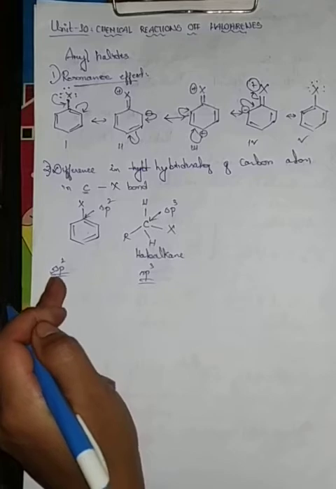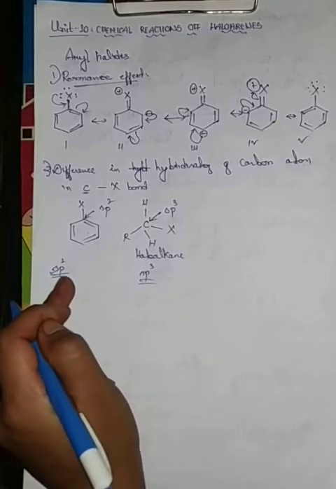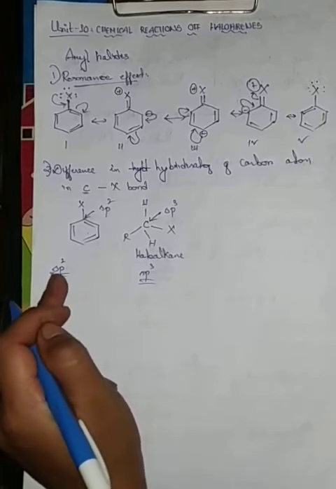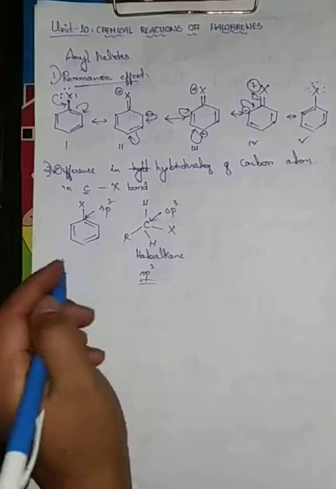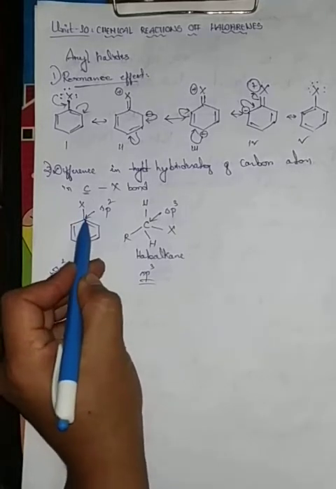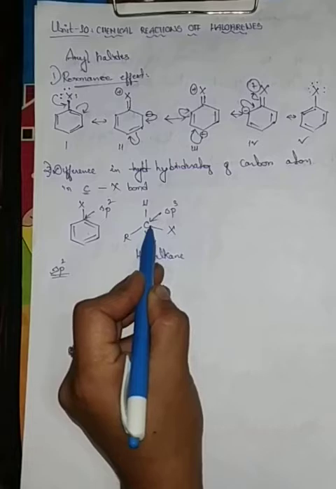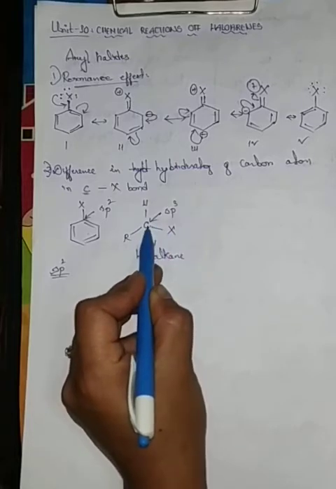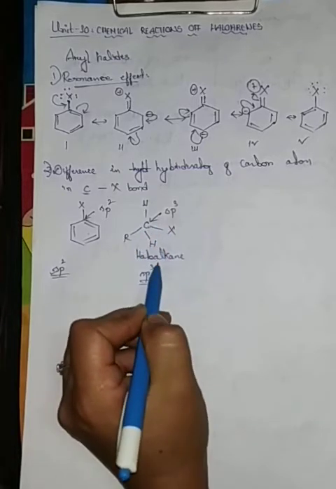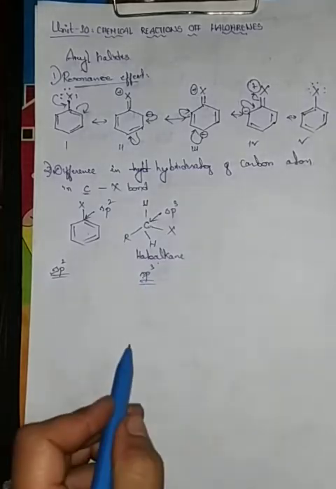The sp2 hybridized carbon atom with a greater s character is more electronegative and can hold the electron pair in the carbon to halogen bond more tightly than the sp3 hybridized carbon atom in haloalkane, which has a lesser s character.